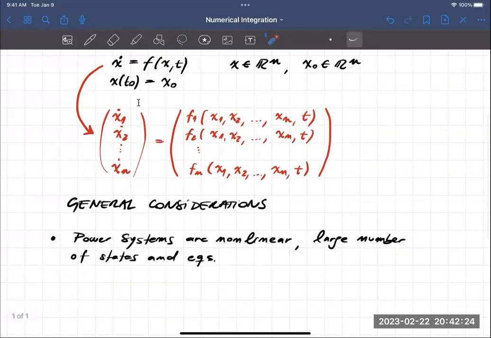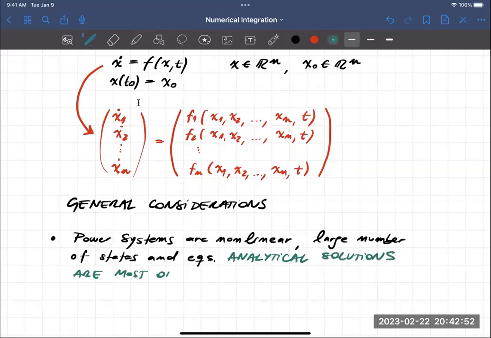So I'm going to write it down here: analytical solutions are most of the time prohibited. So you can't find them.